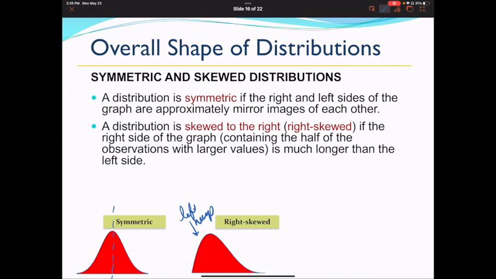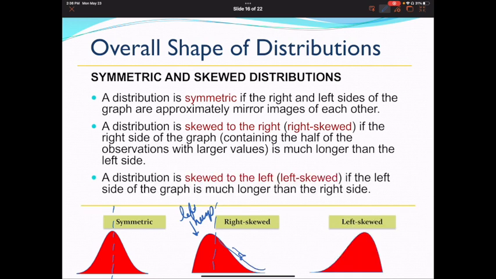It's right skewed if the right side of the graph is much longer than the left side, right? If I was to draw where the middle was, this side is longer. The opposite is true for left skewed. Left skewed has a hump on the right. We'll talk more about skewness as we go into talking about symmetric, normal distribution, bell curve, right? These will all come up in chapter 3.